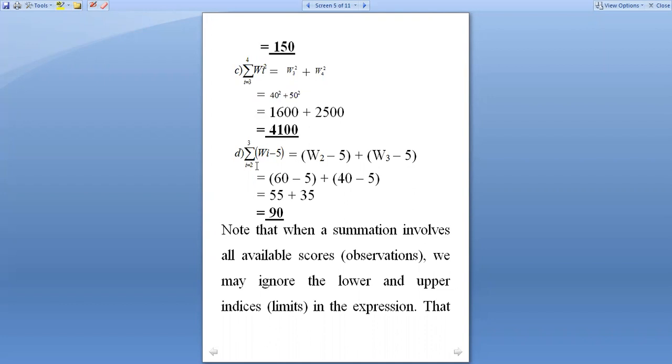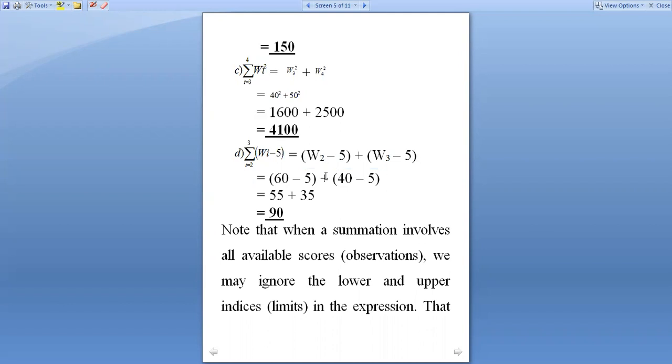But start from observation 2 and stop at observation 3. When you expand it algebraically, it will be W2 minus 5, because they told you to start at 2, plus W3 minus 5. And this is where they told us to stop.